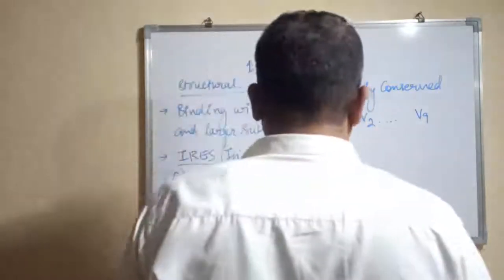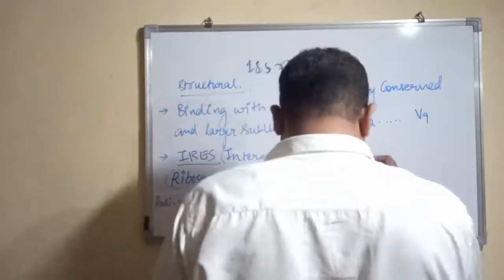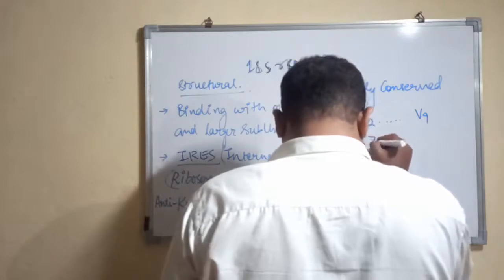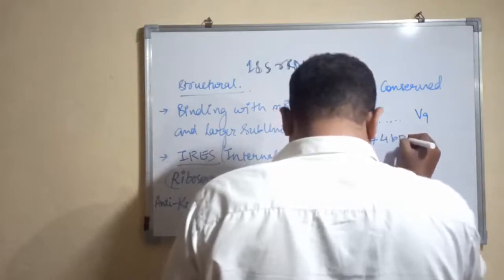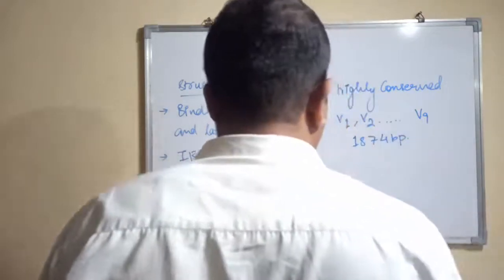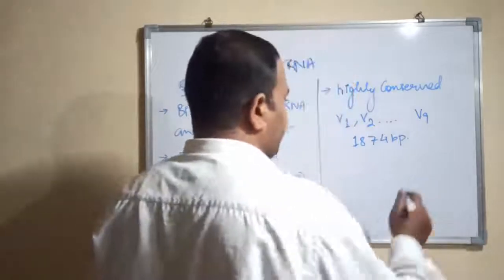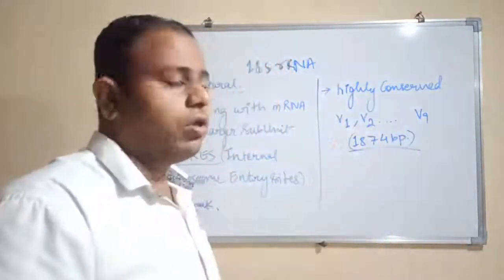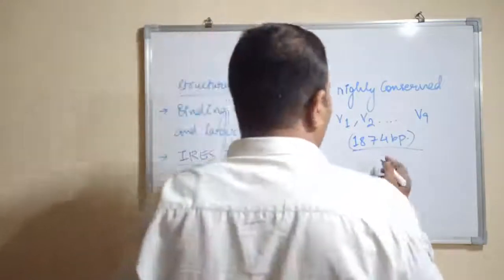We know that the 18S rRNA sequence is about 1874 base pairs. In this 1874 base pair sequence, there are different regions that can be used as molecular identification for different species.